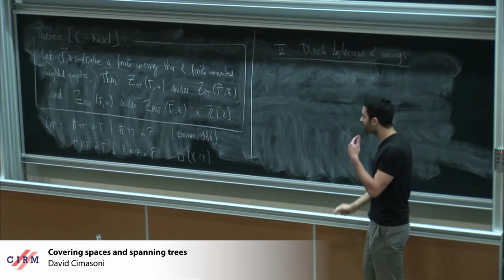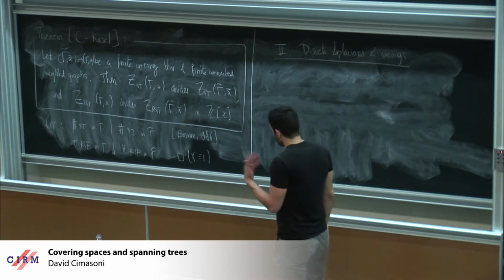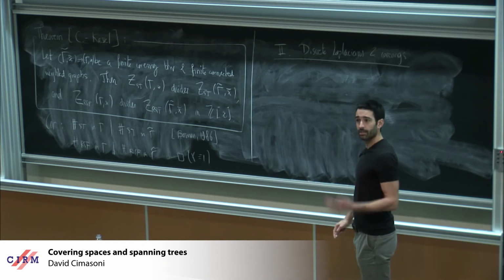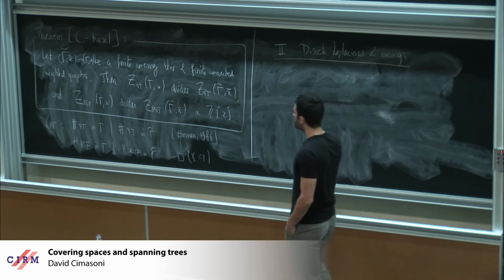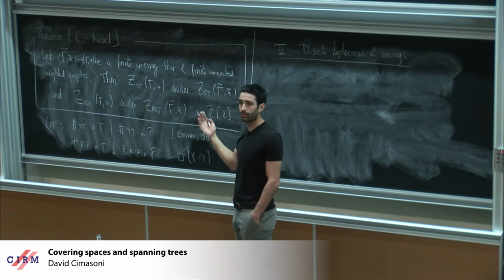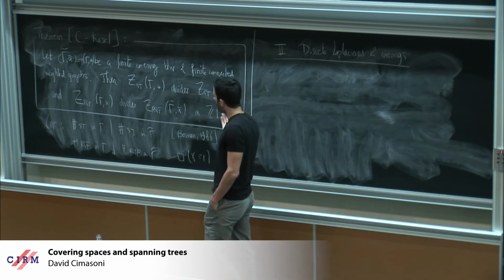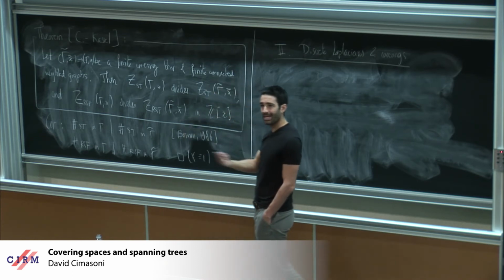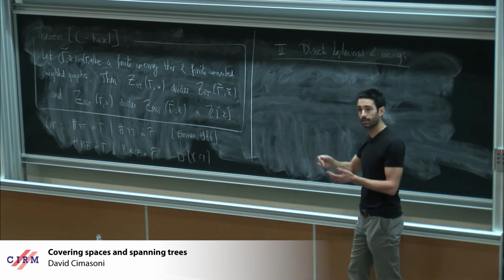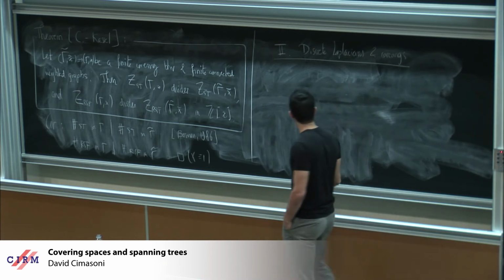My aim now is to introduce the discrete Laplacian, which you might know, and to say that we have a result that tells you exactly how this discrete Laplacian behaves with respect to coverings, and then we can use this.